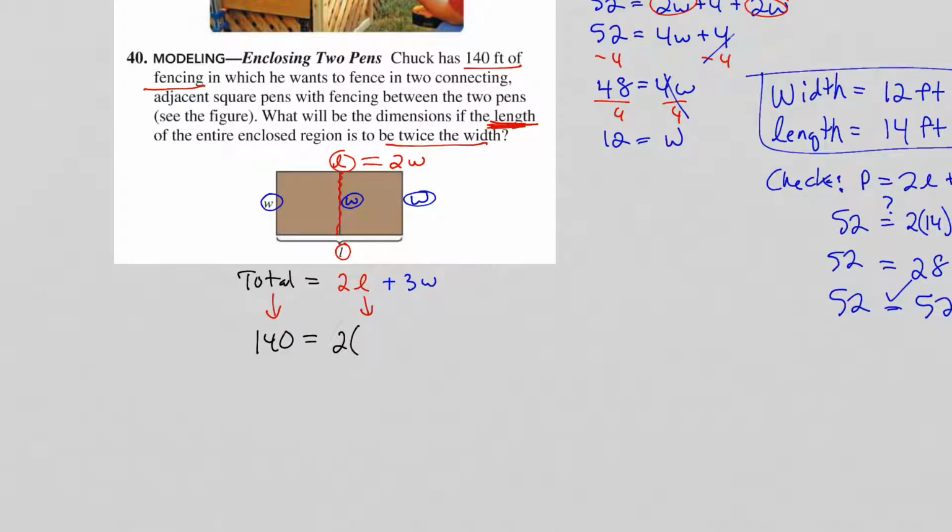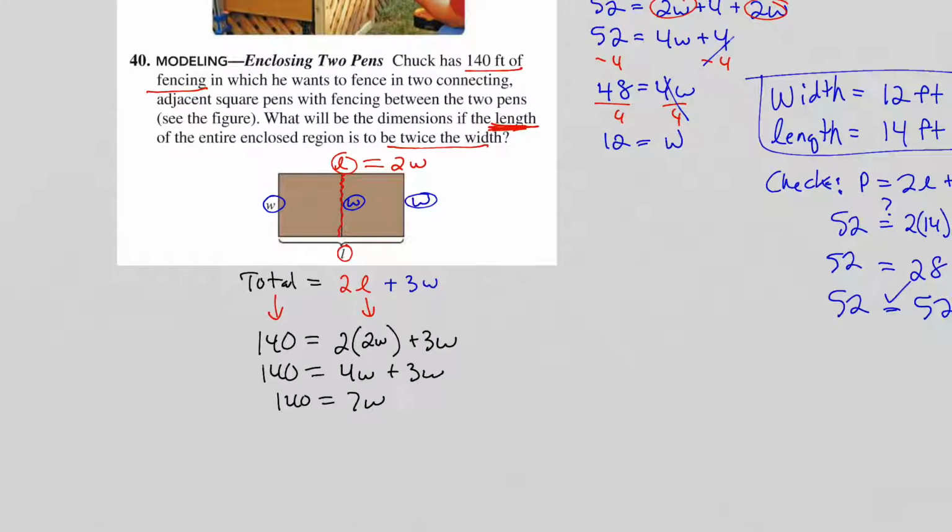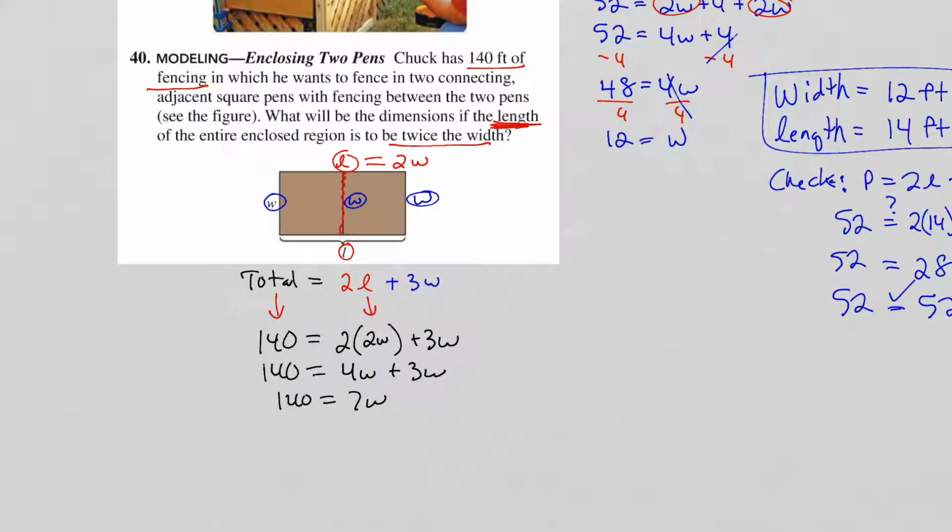The L is 2W. Okay, and the other one stays the same. So now we have an equation we need to solve. That's 4W plus 3W, which is 7W. And then divide both sides. So we put those together. Divide by 7. And we get 20.